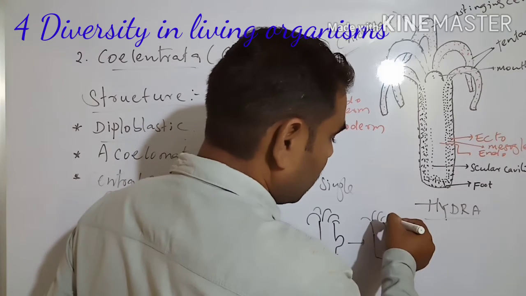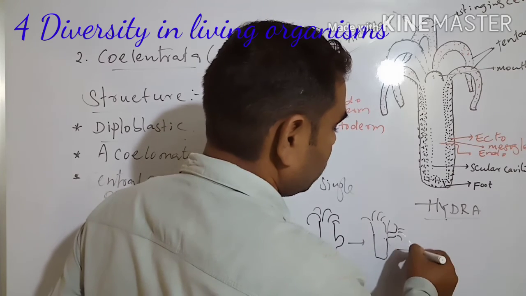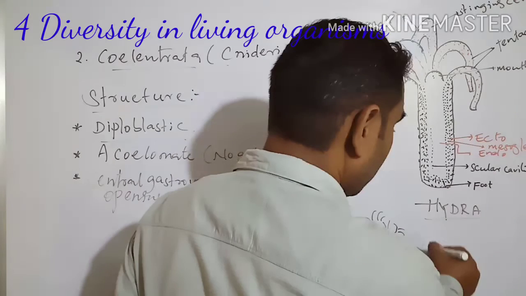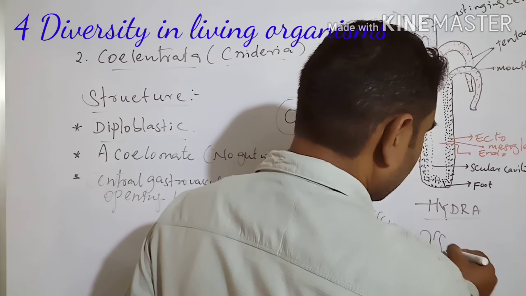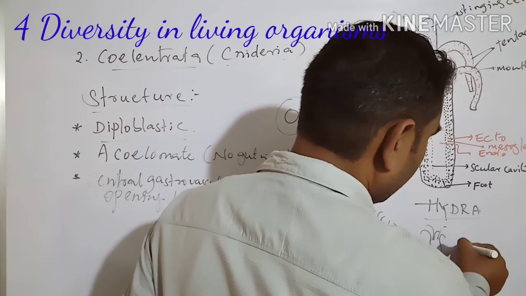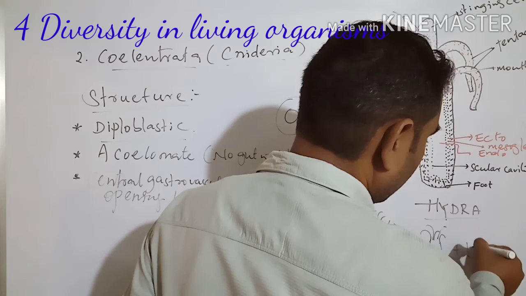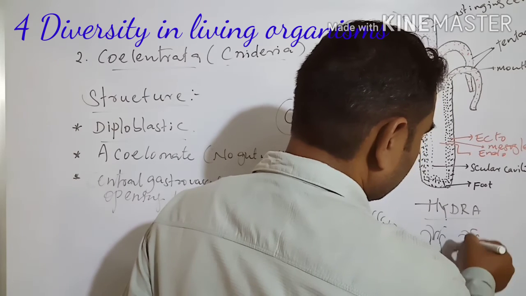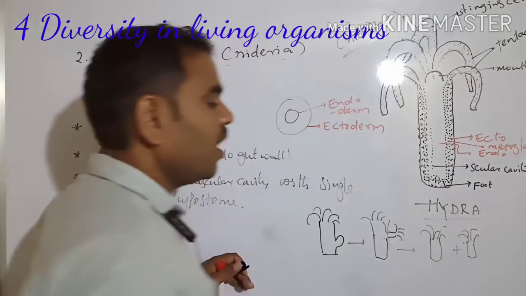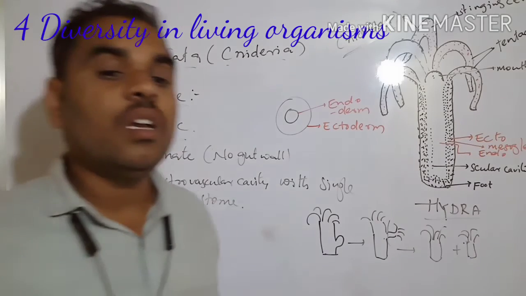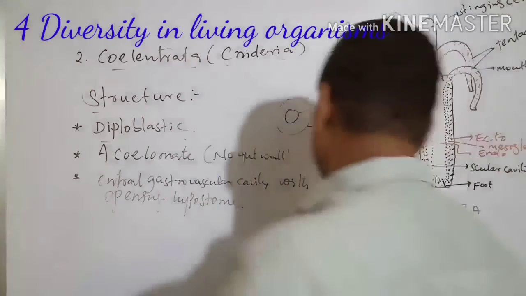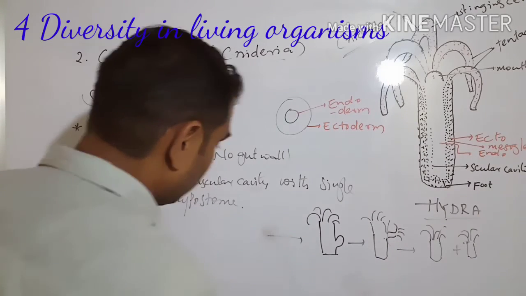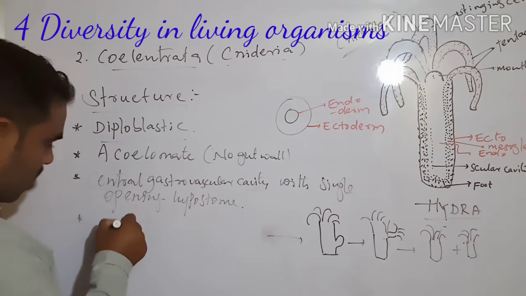What will happen if I cut this one? It lives individually. This bud also lives individually. It forms daughter individuals. Which reproduction is this?